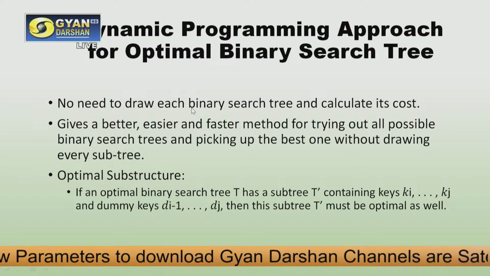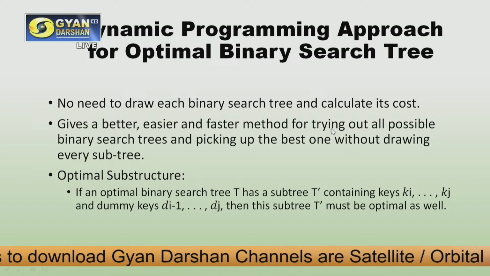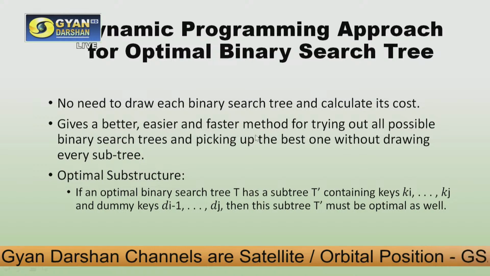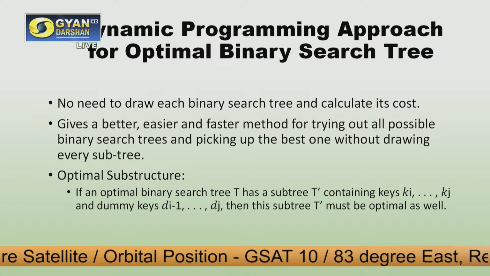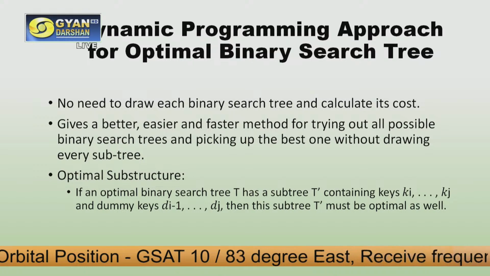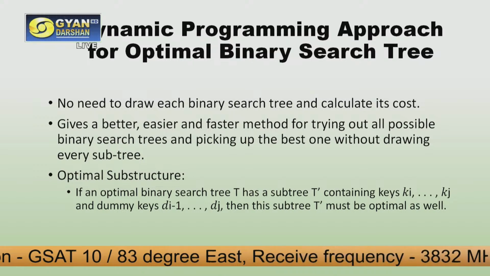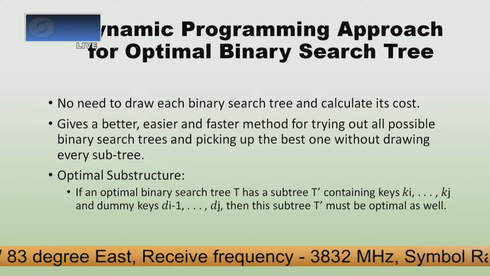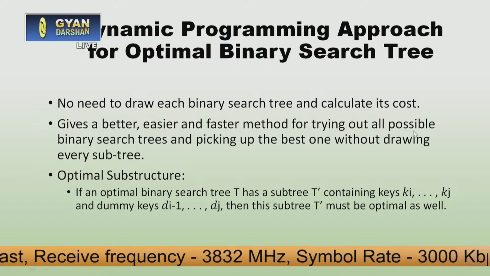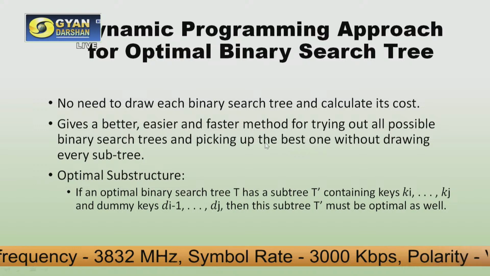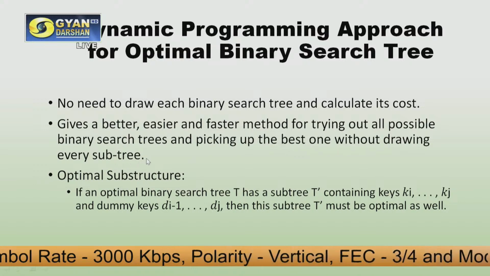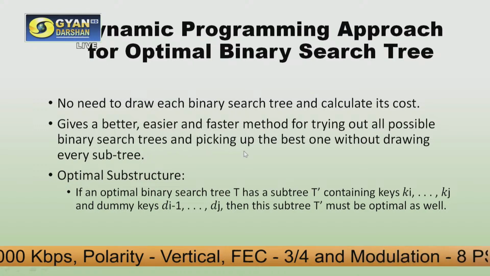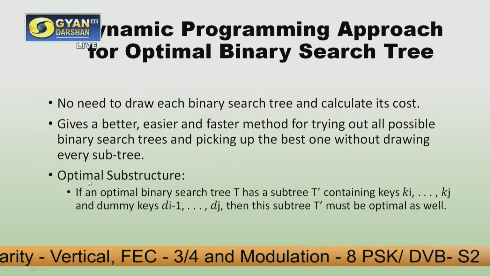It gives a better, easier and faster method for trying out all possible binary search trees. You are still trying all possible binary search trees, but dynamic programming reduces the number of computations which you really need to perform because it allows reusability. So pick up the best one without drawing every subtree. You won't be drawing every subtree, but you will be utilizing many of those things.